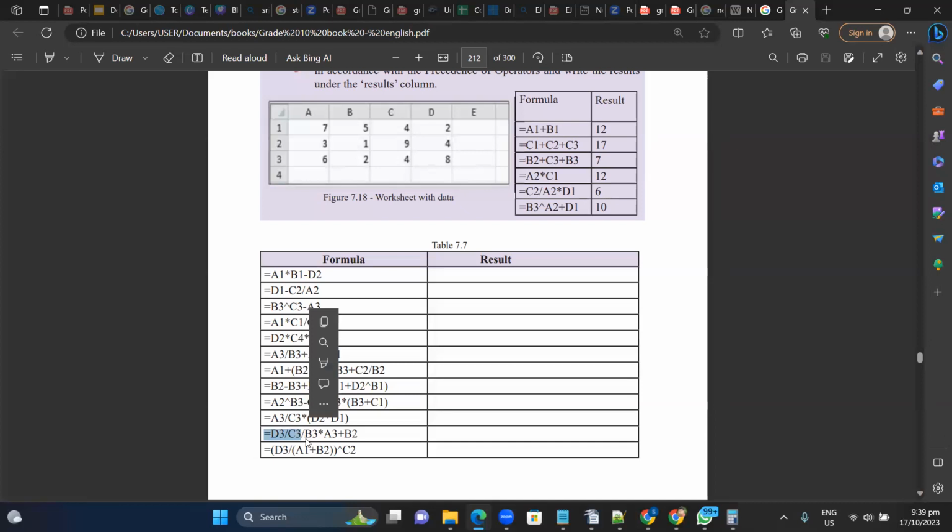It is 2. Then 2 divided by B3, which is 2. 2 divided by 2 is 1. 1 into A3, 6, plus B2, 7. 7 correct.